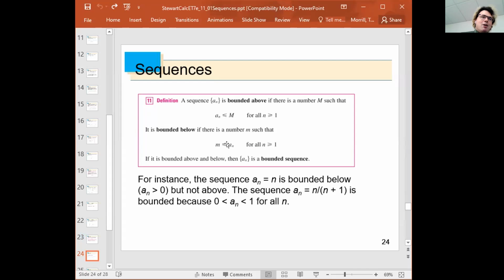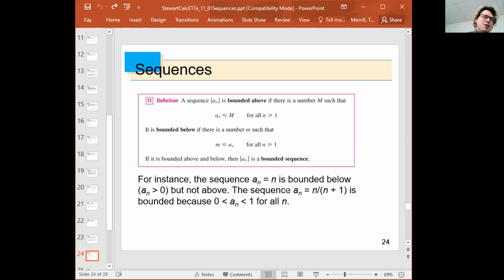All the numbers on your list are greater than something else. If both of those are true, we'd call the sequence bounded, right? So you could have a sequence that's only bounded above. You could have a sequence that's only bounded below. And if both of those are true, we just call the sequence bounded or bounded on both sides.